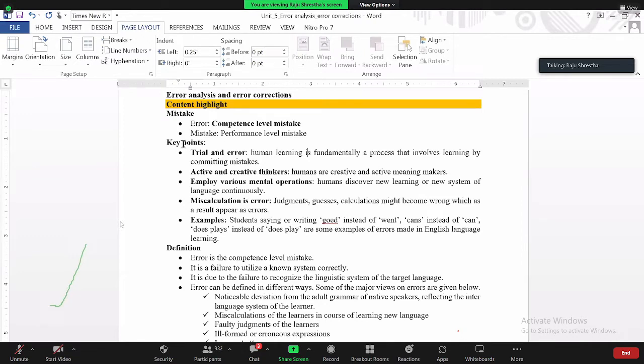To think, to plan, to discover, to innovate some new system of language, new patterns of language, we produce some kind of errors, and that is at the competence level. Producing language without knowing the language system is an error. A performance level mistake is when we know it but slip. For example, we know the language structure of English.